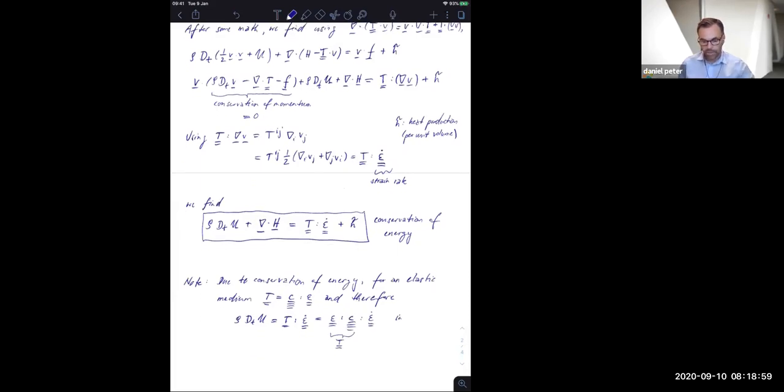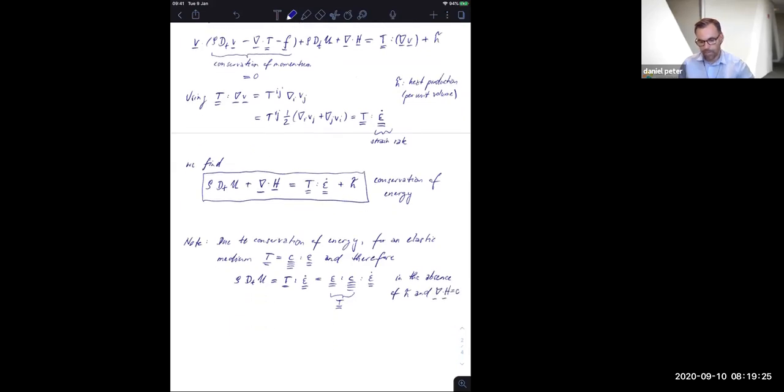And so in the absence of heat production, so assuming there is no heat production and assuming there is no heat flux out of the medium, from this expression obviously it follows that C must have symmetries.